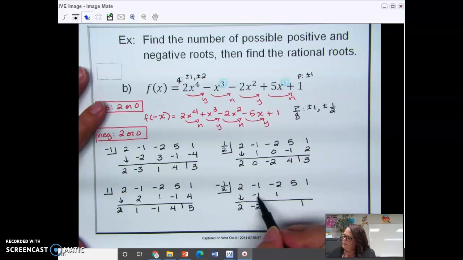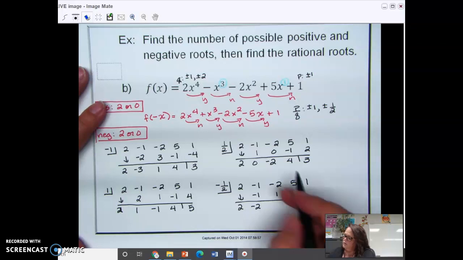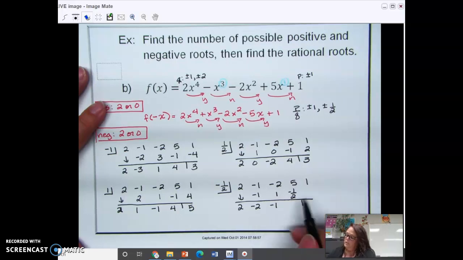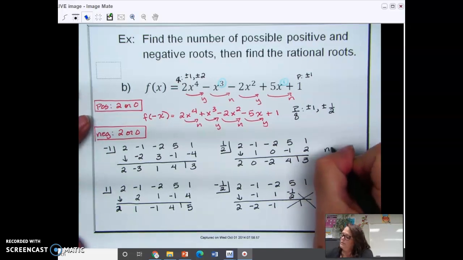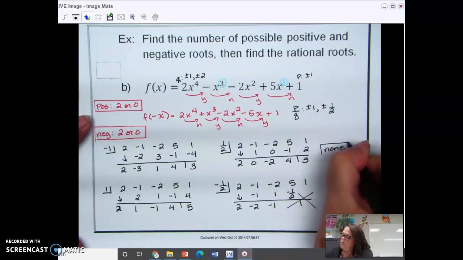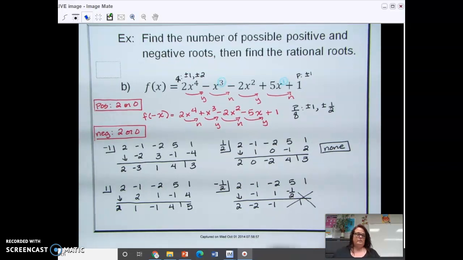So we get half of that is 2, opposite, negative 2, opposite, yep. And so then we get negative 1, and then we start getting messy, and there's no way to fix it. And so I don't think I'm going to get a 0 there, right? And so I have tested every possible rational root, and since none of them worked, that means that there is no rational root to this problem.